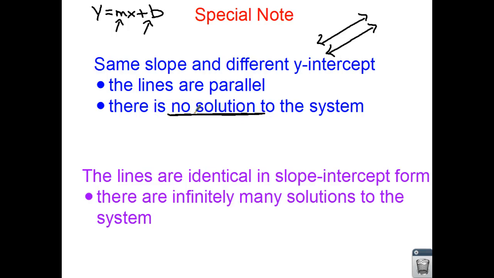The second note I want to make here is on the bottom. If the lines are exactly the same in slope-intercept form, there's what we call infinitely many solutions.